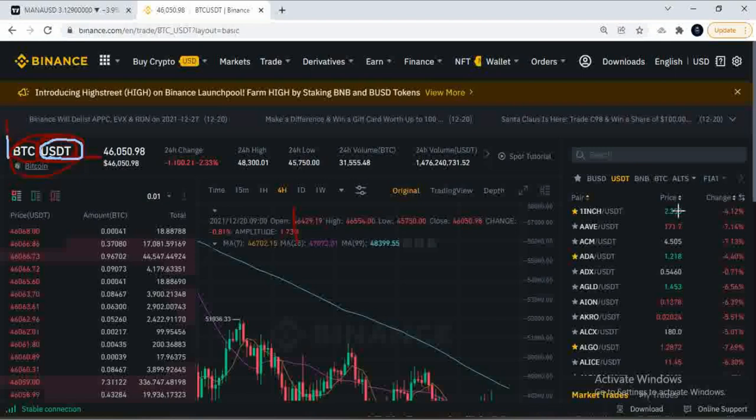Let's look at another example here. We've talked about BTC, and you can see that the quantity of USDT that can buy one BTC, which is one Bitcoin, is 46 thousand at the moment. You understand that this doesn't remain static. It is subject to change due to liquidity and supply and demand.